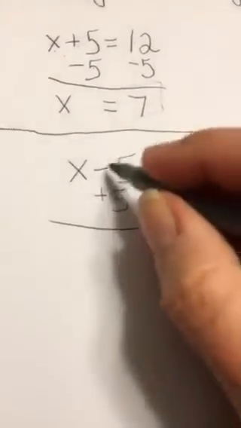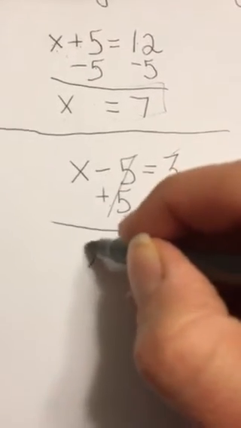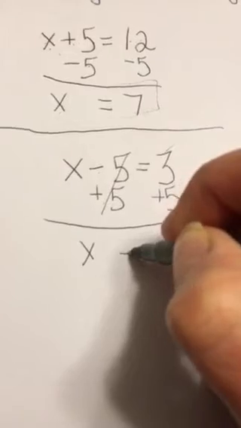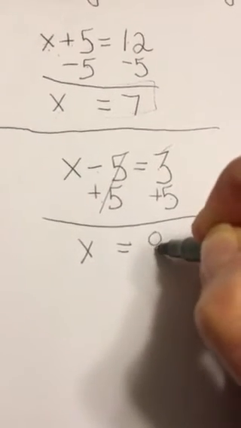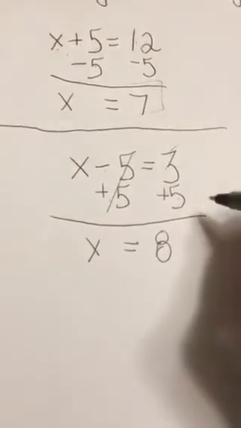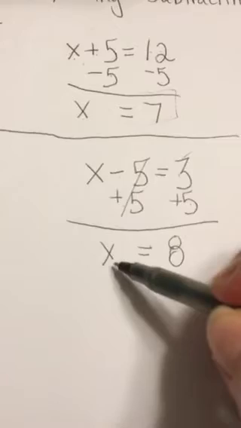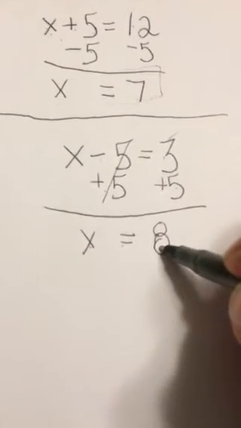So when we do that, we get left, these cross each other out. Let's bring the x down. Equals 3 plus 5 is 8. It's kind of a crazy 8. So the solution that we came to is x equals 8.